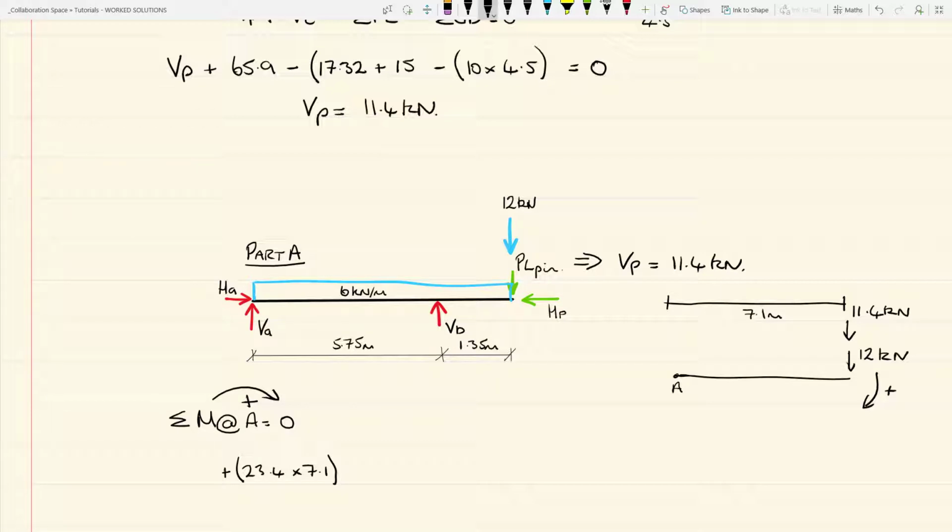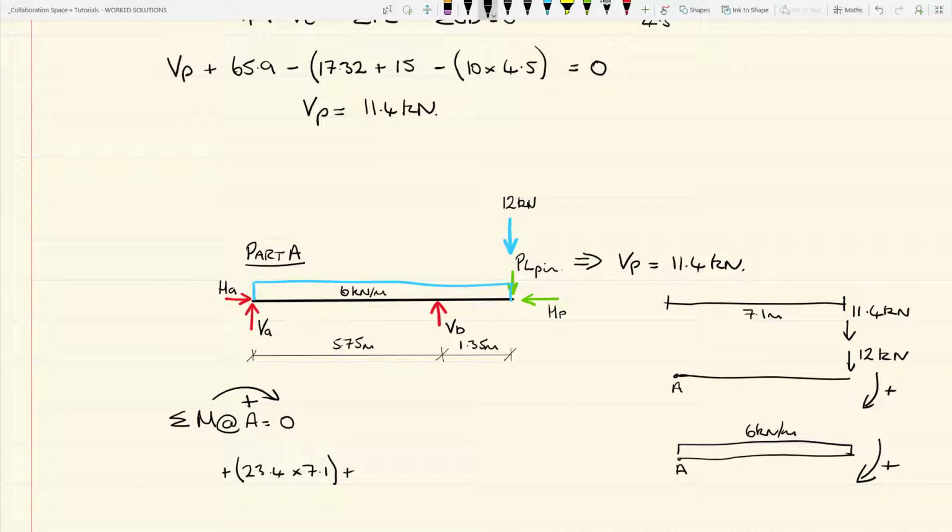Now we can go on and consider the UD loads. So again, we have our beam, and on this we have a UD load to the full length. So this is A, and your UD load is 6 kilonewtons per meter. And again, it is acting in a clockwise direction. It is trying to rotate the beam in a clockwise direction about A, so we can say it's positive.